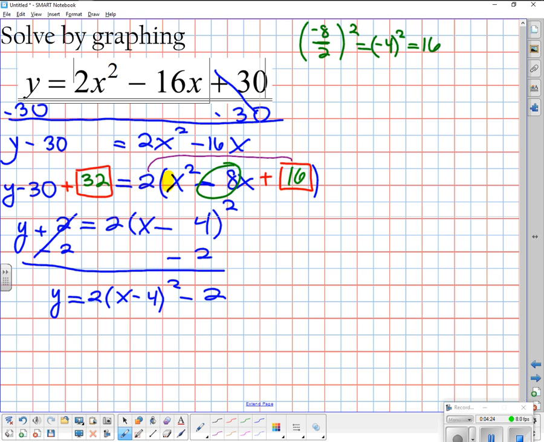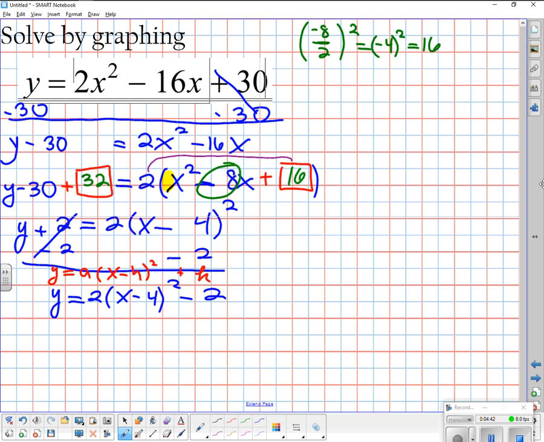Okay, so now I'm going to compare that equation to the equation y is equal to a parentheses x minus h squared plus k.